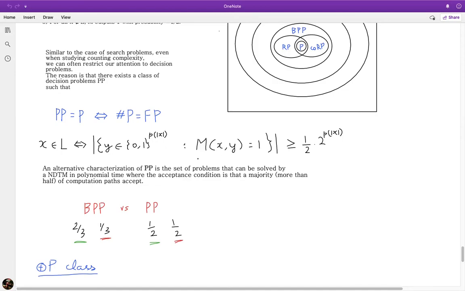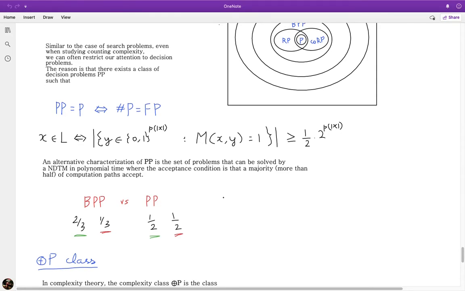Now this number should be greater than or equal to half of the total number of paths possible. For a string of length polynomial in x, we have a total number of paths 2 to the power of the polynomial in x. So at least half of these must be accepting paths.